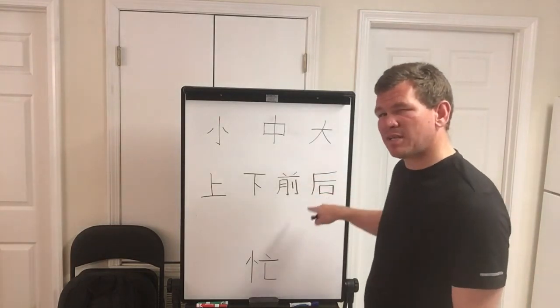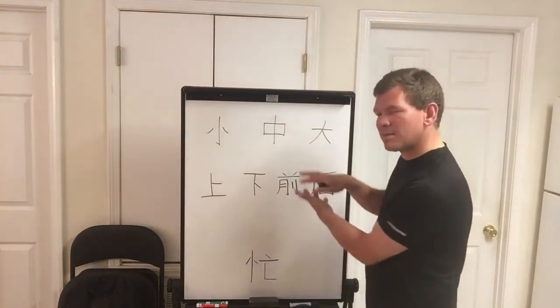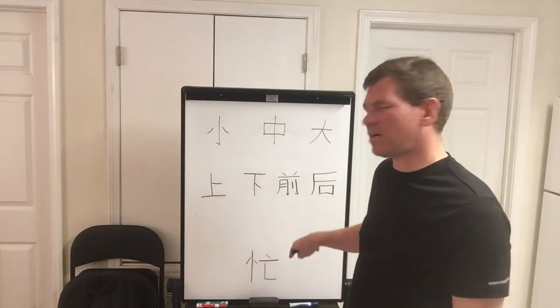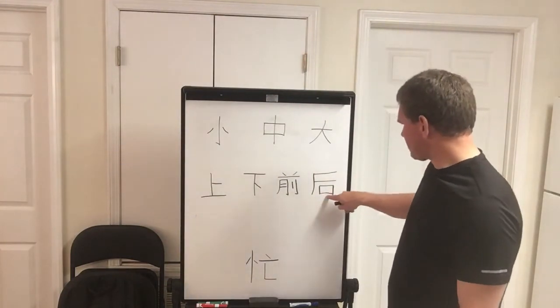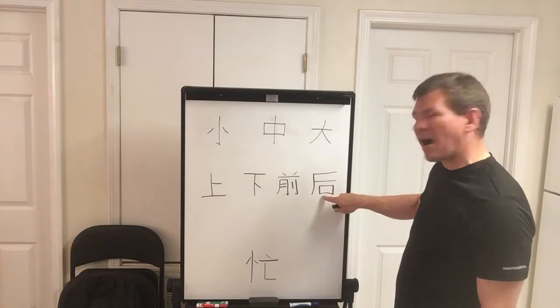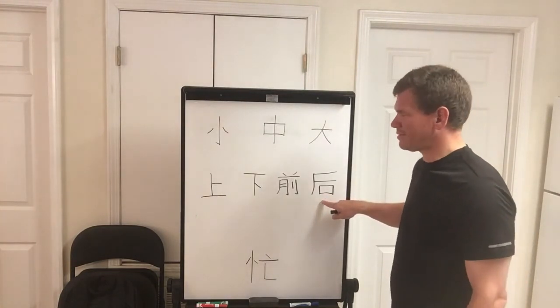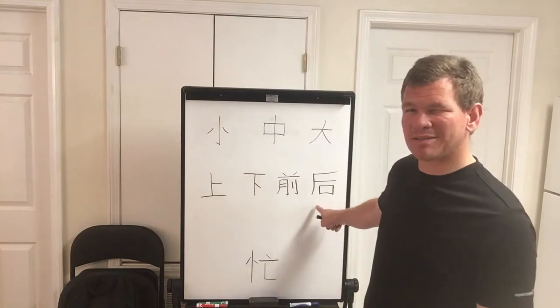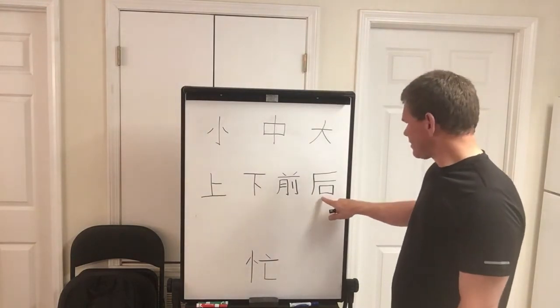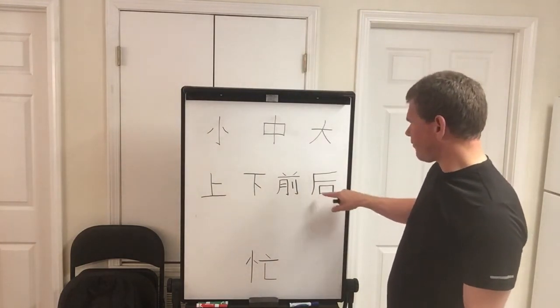These all have their separate parts. When you put them together, they make a whole other character. This one has this box down here that actually means mouth. I already told you that, but we'll go over that on another video. So this is one piece, just the 4 strokes there.